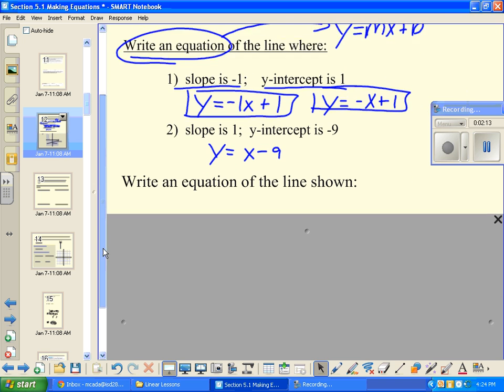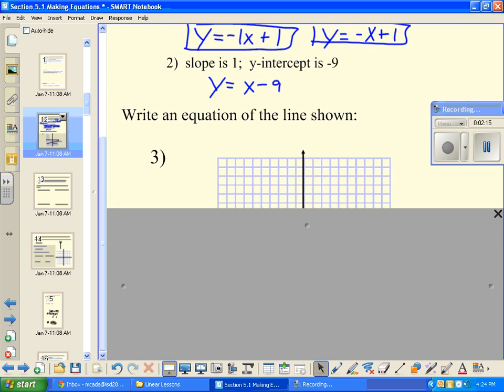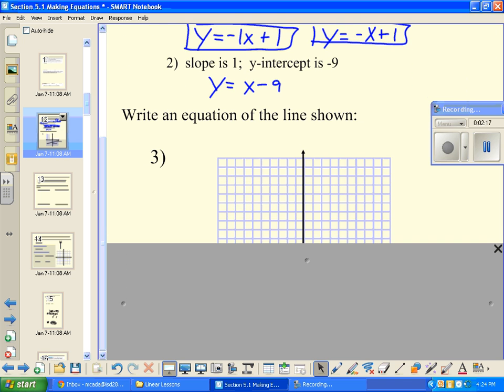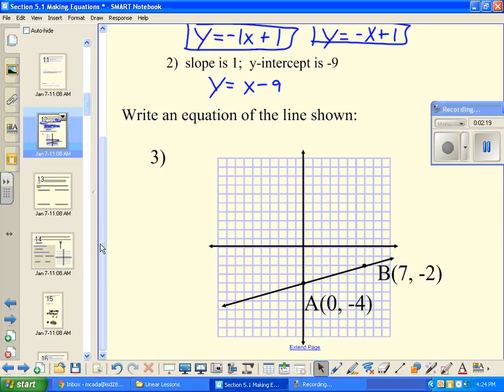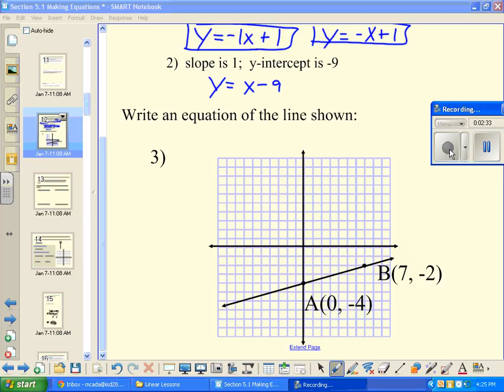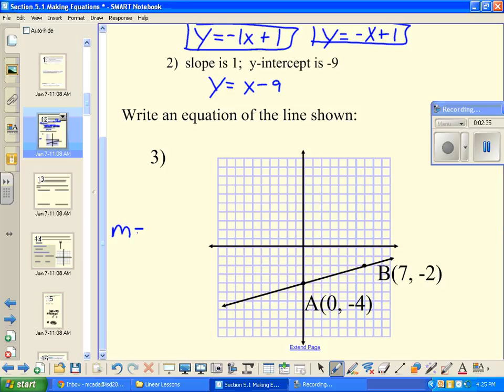We also did some problems where, as opposed to just giving us the slope and the y-intercept, they gave us a graph of some line, and we can make an equation from this as well. Remember that if I'm looking at the graph of some line, I can find the slope and the y-intercept just by looking at a few of the key points. Let's find m and b.